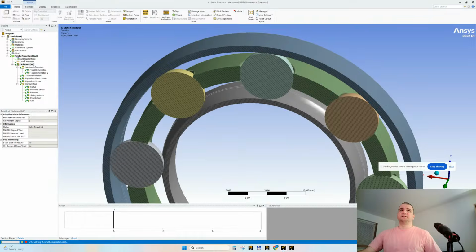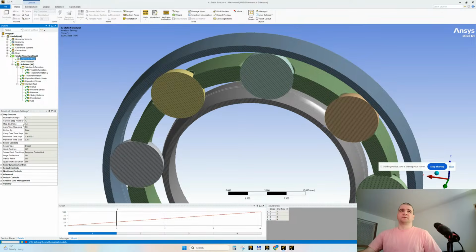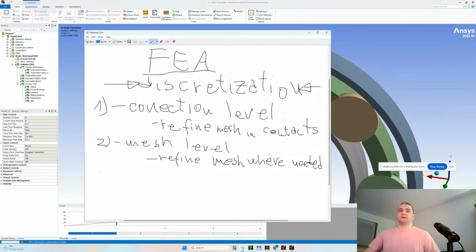Regarding analysis settings, I'm talking about the number of steps. There is this discretization. It's like a solver discretization. I will write here in order for you to remember it. This is A, analysis settings.